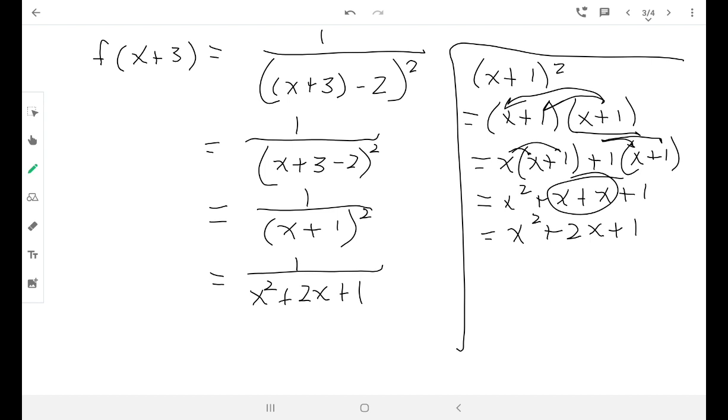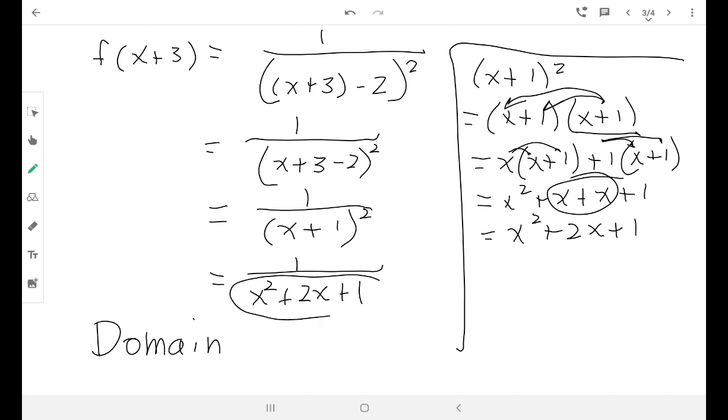Now I have, but you know what? That actually wasn't a good idea for this problem, and I'll explain why. Okay? So normally this would be the finished version of the problem. However, we are concerned with the domain, and the domain means finding restrictions, where you can't generate real answers.